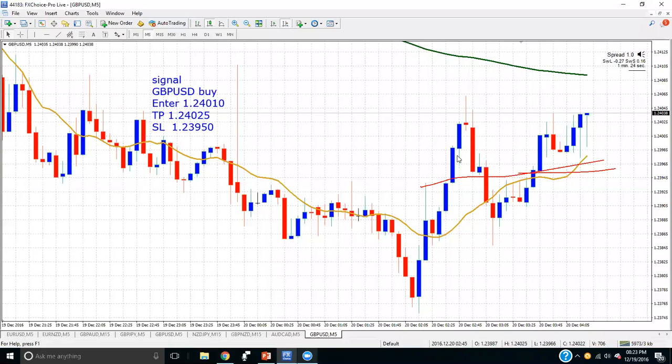So right up here, and then this is kind of a hammer or a doji, and this almost always signifies, when I'm on the 5-minute chart, this almost always signifies a reversal. So reversal means it was going into a buy, I got my doji, and then it reversed and went into a sell.